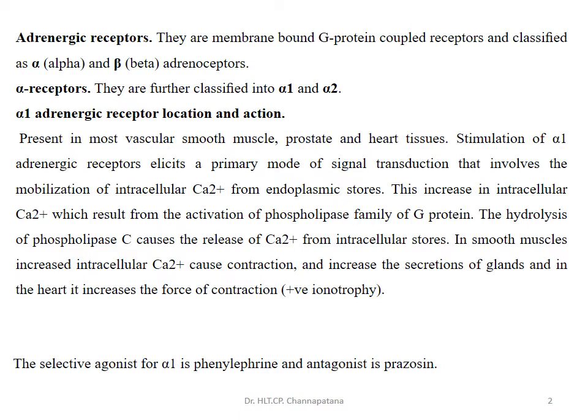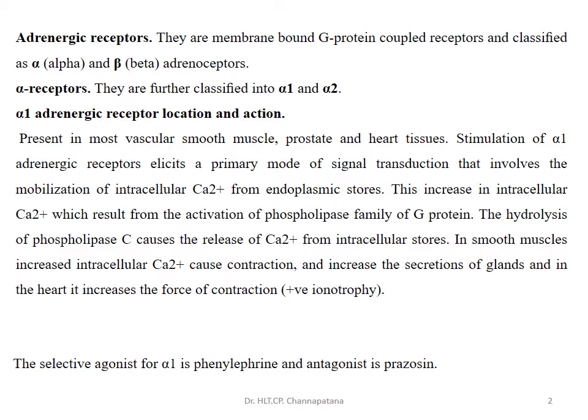If adrenaline or noradrenaline binds to the alpha 1 receptors, it stimulates signal transduction, and messages will pass. If signal transduction occurs, then calcium moves from the endoplasmic stores to the intracellular fluid, meaning calcium ions are stored in the endoplasmic reticulum. This activation causes the transfer from the endoplasmic store to the intracellular fluid.